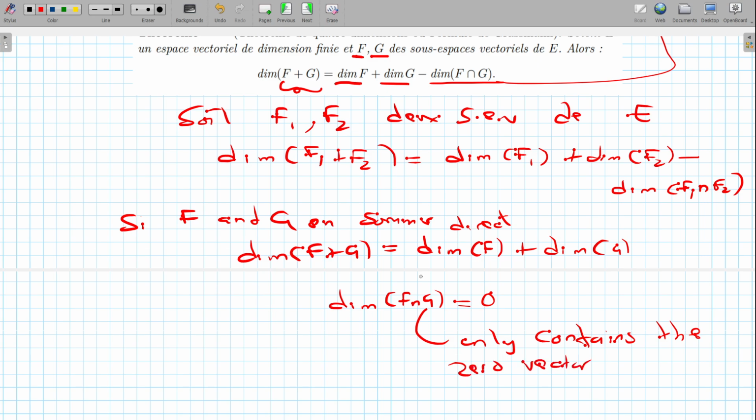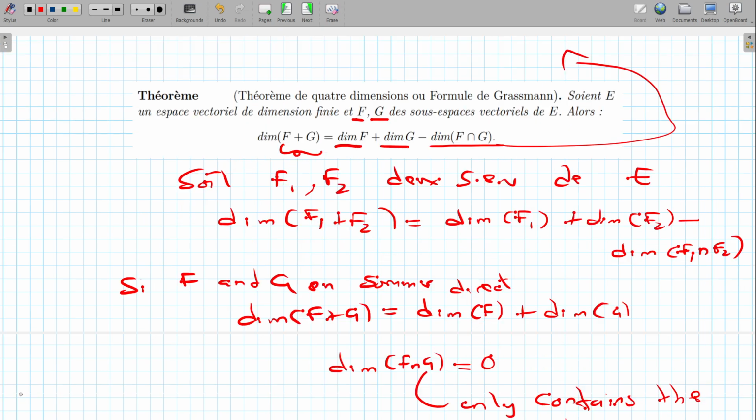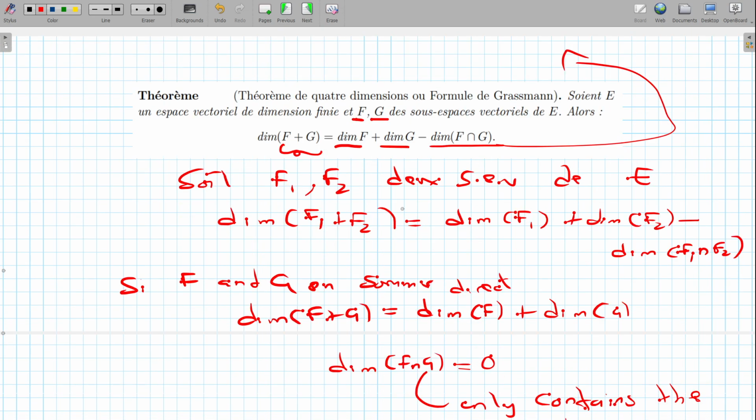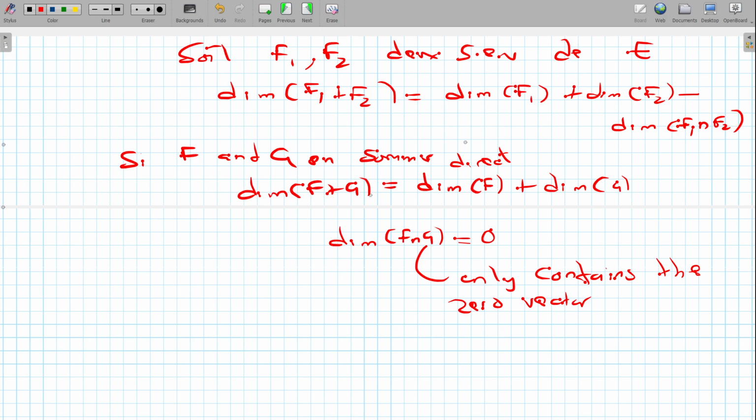So the formula simplifies to what we have here. This formula, la formule de Grassmann, simplifies to this if the two spaces are ensemble direct, because the intersection is reduced to the zero vector, and so the dimension is going to be 0.